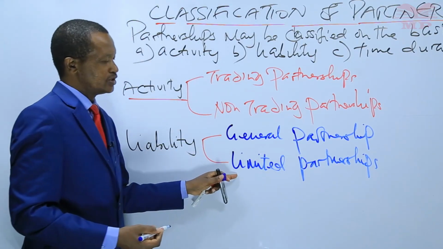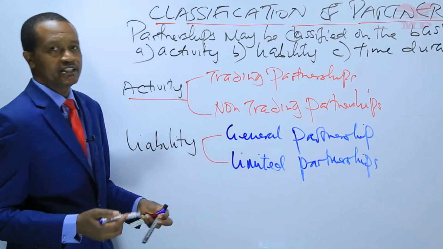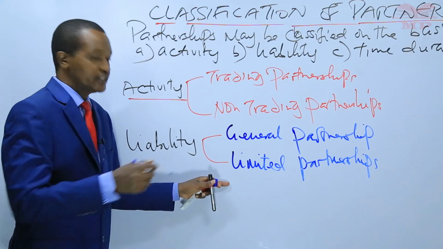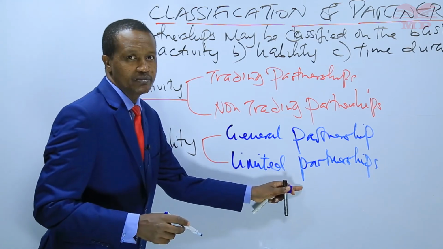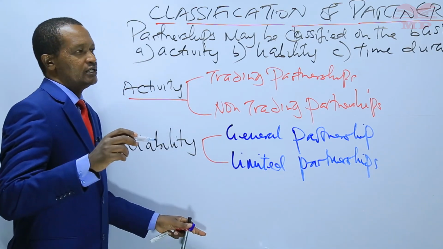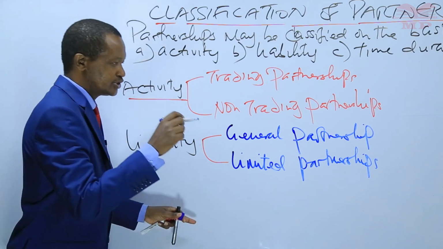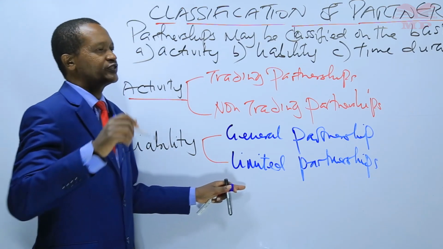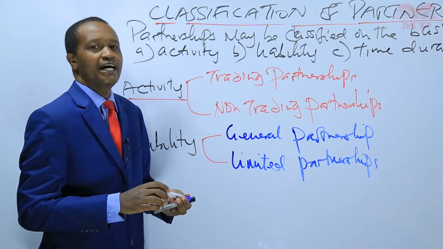Under the second category, the liability is limited. And learners, the limited partnership is a partnership in which the activities of certain individuals are limited.